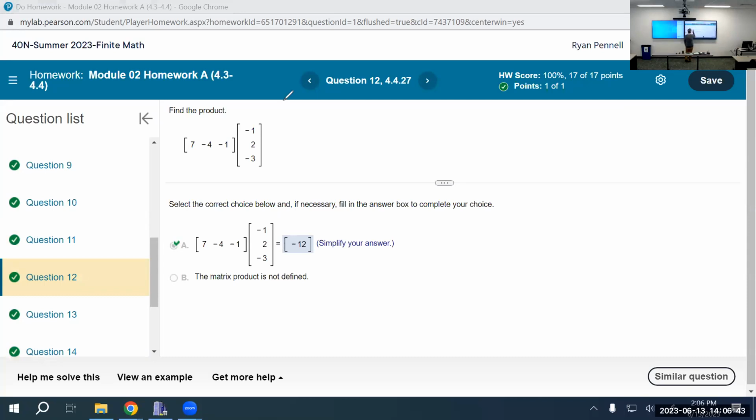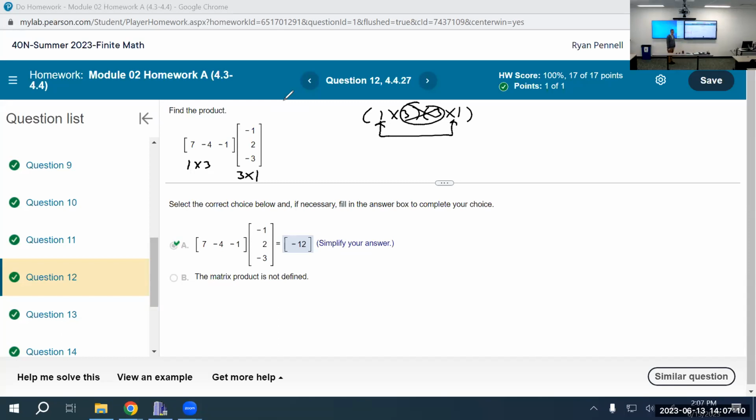Let's look at the dimensions. We have a 1 by 3 and a 3 by 1. The inner dimensions are the same. Great. The outer dimensions are what we get out, so we're going to get a single number.